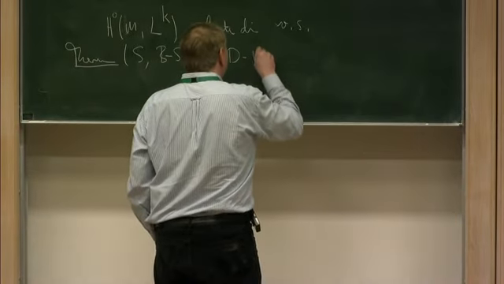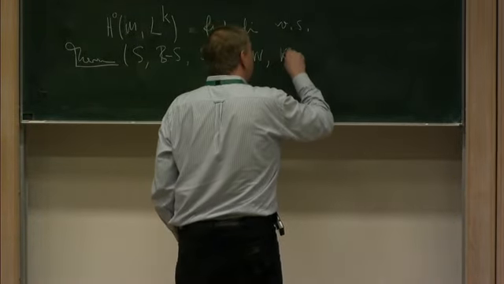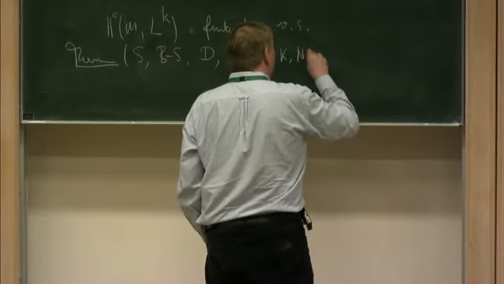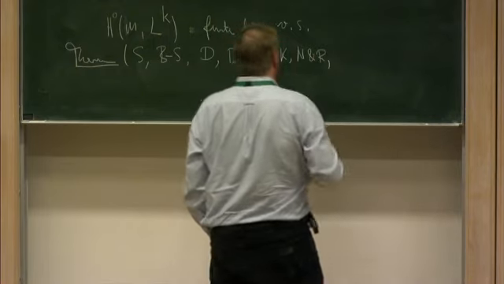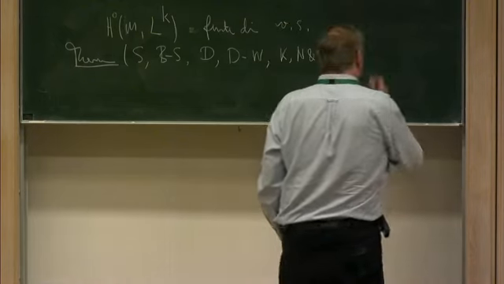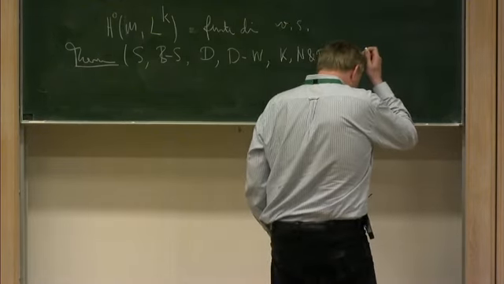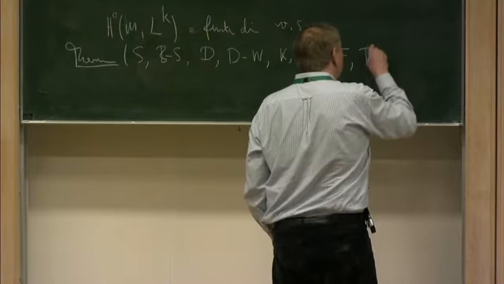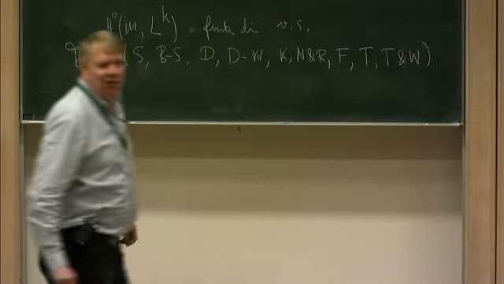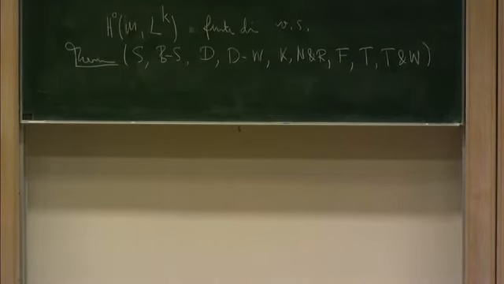Daskalopoulos and Wentworth, Kumar, Narasimhan and Ramanan, Faltings, Teleman, and then Teleman and Woodward. Okay, so these are all very different settings and very different assumptions, but they're all around exactly this.